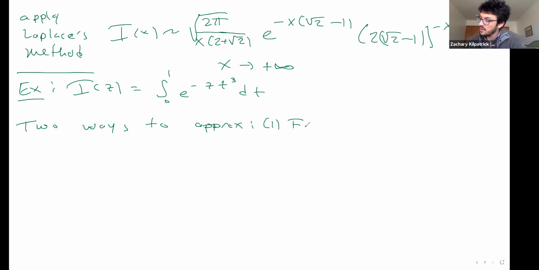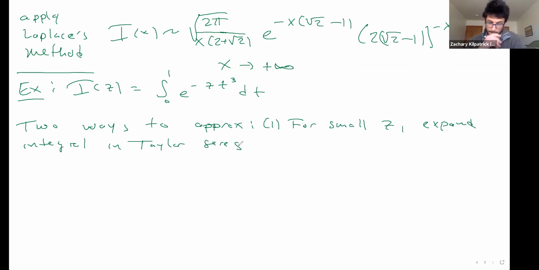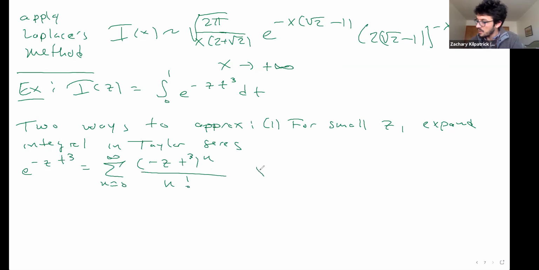First of all, for small z, okay, you could expand the integral in a Taylor series, okay? So e to the minus z t cubed is equal to the sum from n equals 0 up to infinity minus z t cubed to the n divided by n factorial, okay? And then integrate term by term.